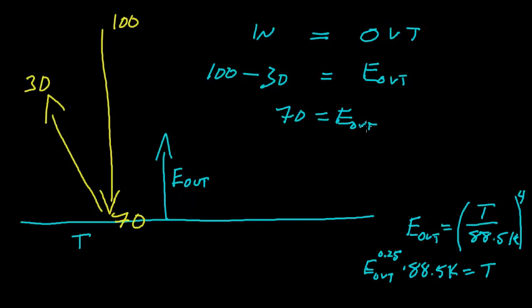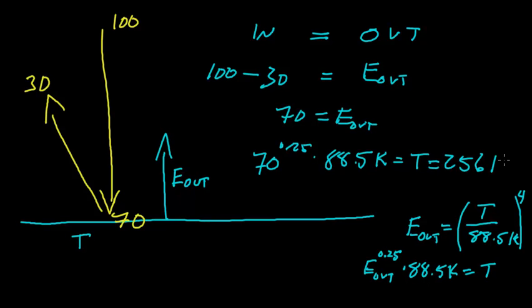That's the total. And then I can determine 70 to the 0.25 times 88.5 Kelvin. That's equal to the temperature, which is equal to 256 Kelvin.